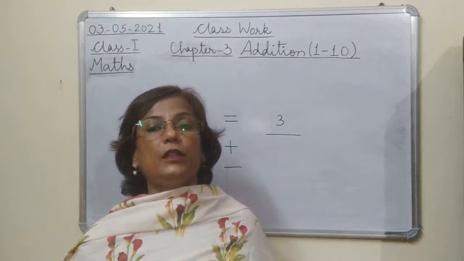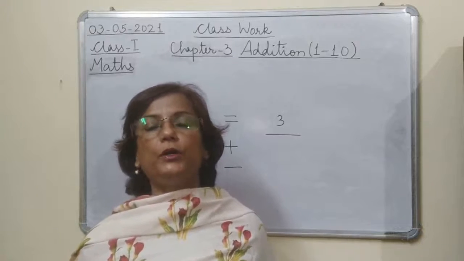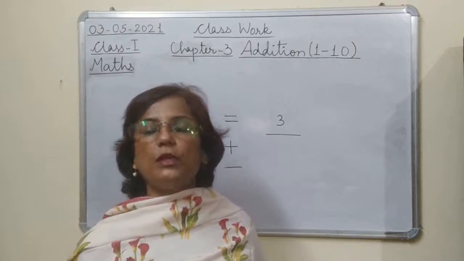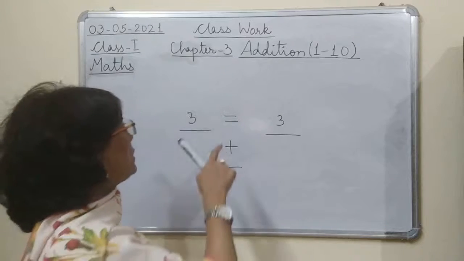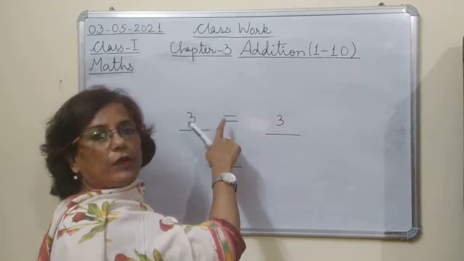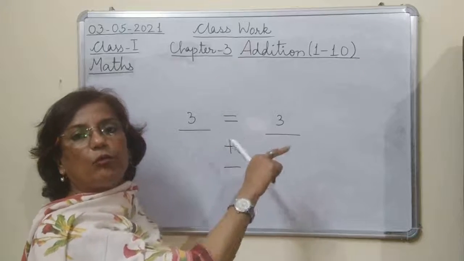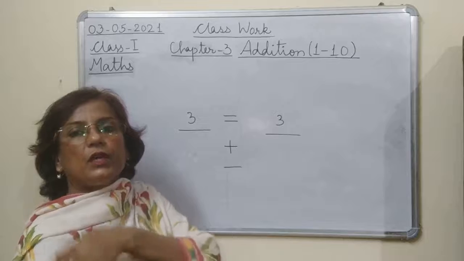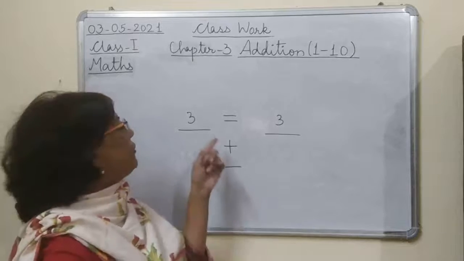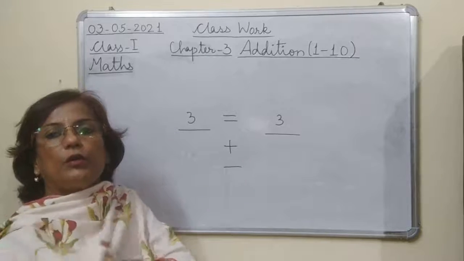So this is the symbol of is equal to. This shows that we have same value on both the sides. ठीक है? ये हमें क्या शो करता है कि we have the same value on both the sides.